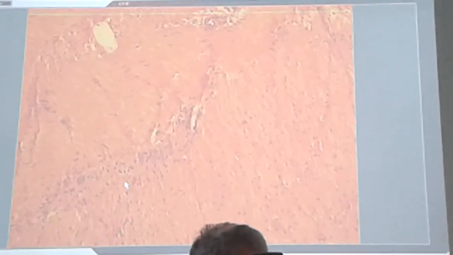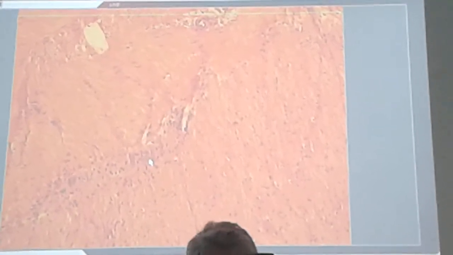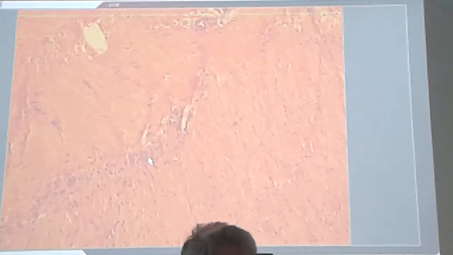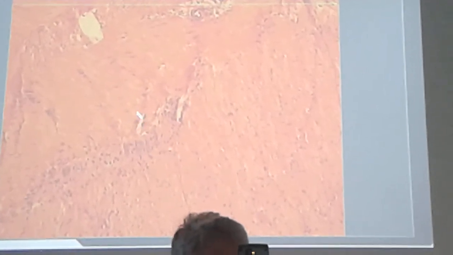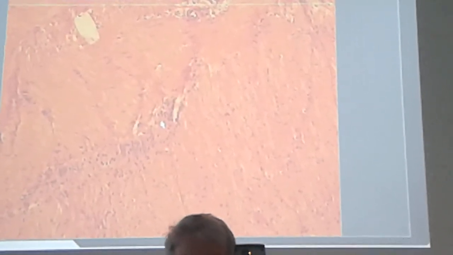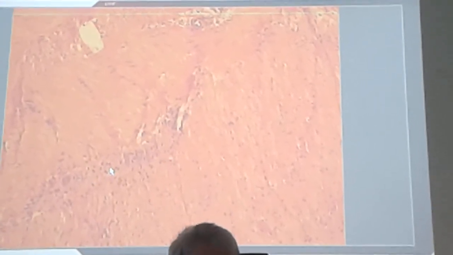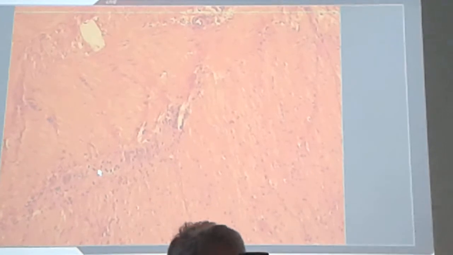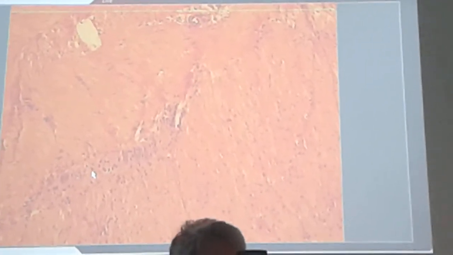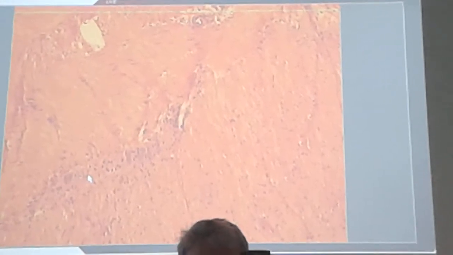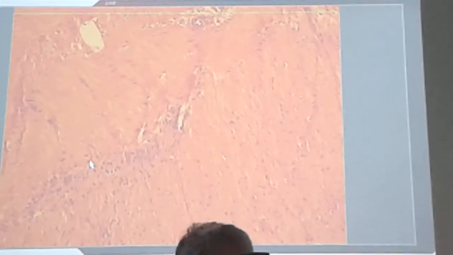So you can recognize that this group of cells is staining and having different shapes of cytoplasm compared to the smooth muscle cells. Here is the group of the myenteric plexus. Those cells are the myenteric plexus ganglionic cells. So they have the neuronal input to the tunica muscularis externa.